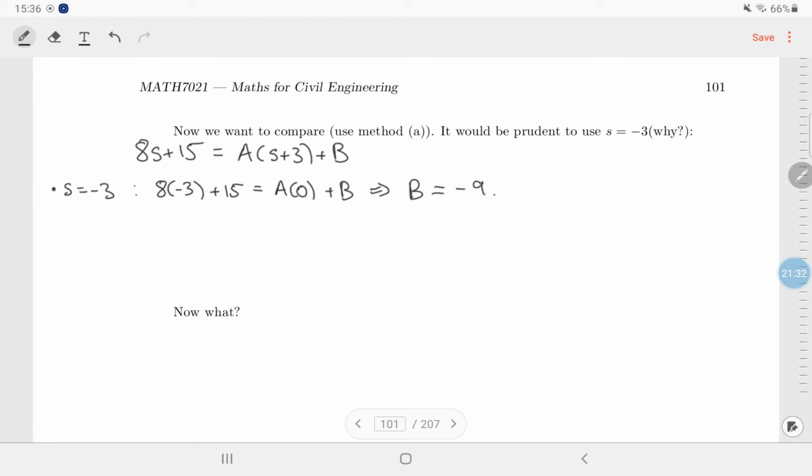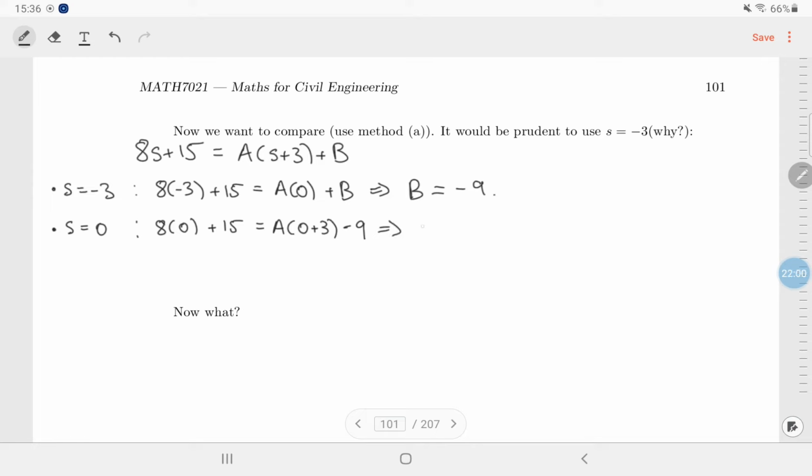All right, yeah. Okay. Now, you can't kill anything else. But now the cleverest thing is to put in a random value. You can put in whatever you want, but the cleverest thing to put in is s equal to 0. So you put in s equal to 0, you'll get a times 0, that's handy, plus 15 equal to a times (0 plus 3) plus b, but the point is you know b is minus 9.